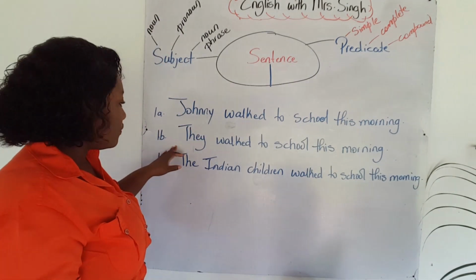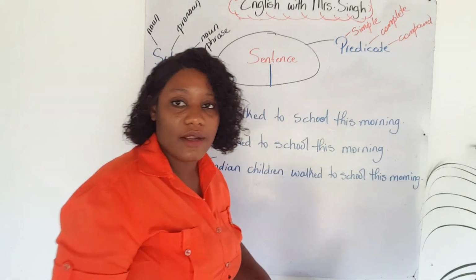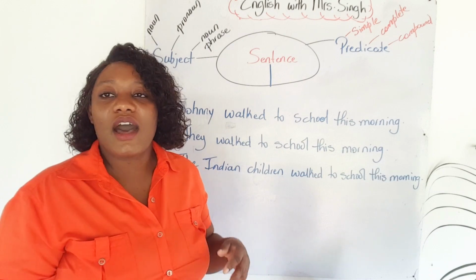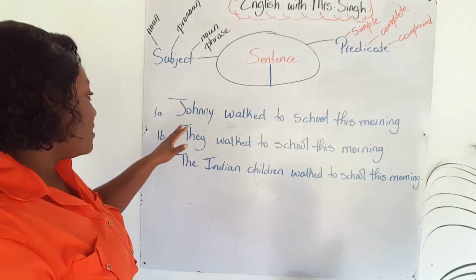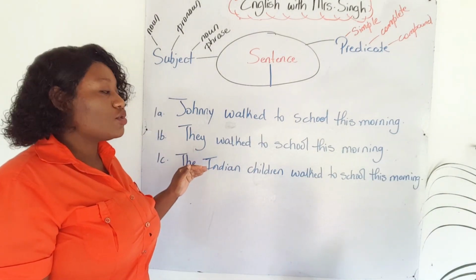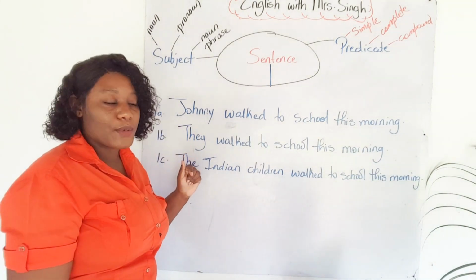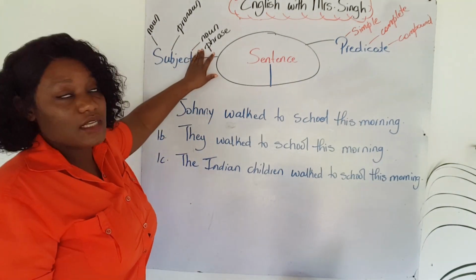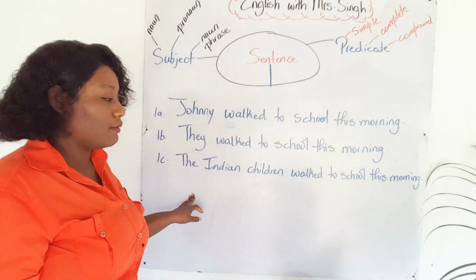Number 1b says, they walked to school this morning. Now, we said that a subject can be a pronoun. In this sentence, they is a pronoun. Now we say that it could also be a noun phrase. Let us look at 1c.